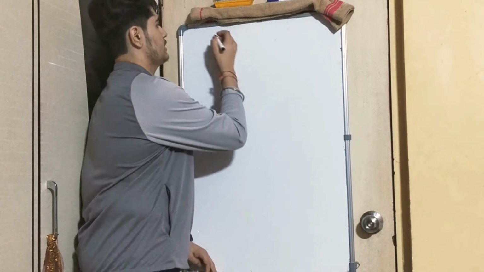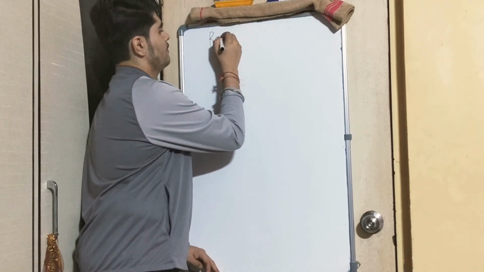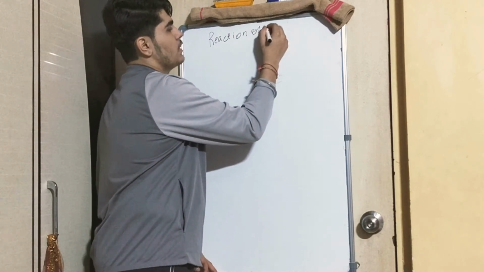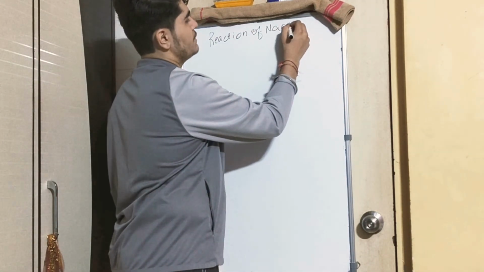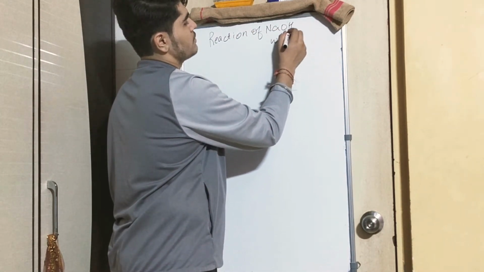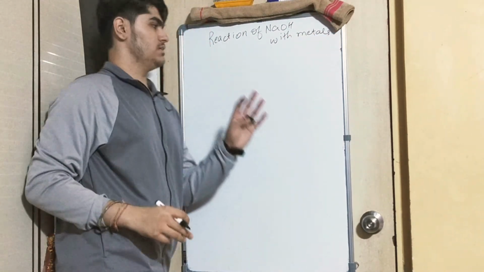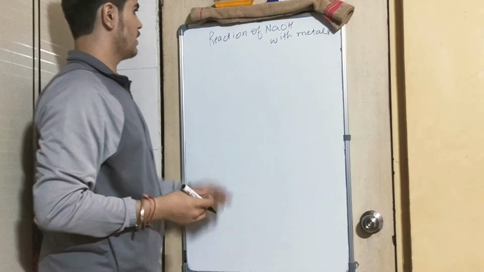So now the next topic is the reaction of NaOH with metals, and the metals which we are using can also be different.